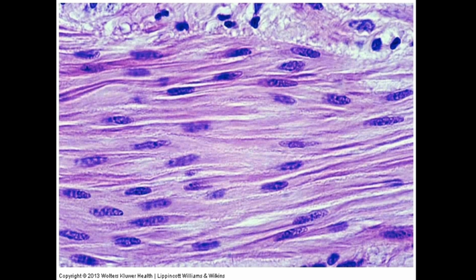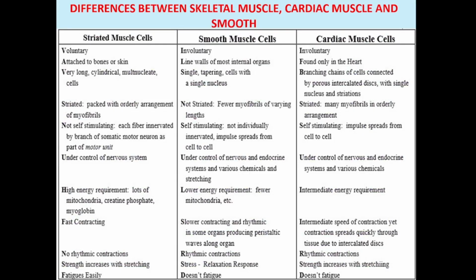So we should remember that once you identify them with their features, then where do you find them. Okay. This table is nice because it is a summary of all three.